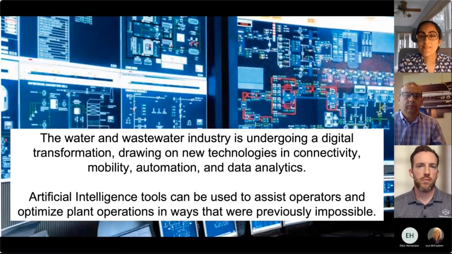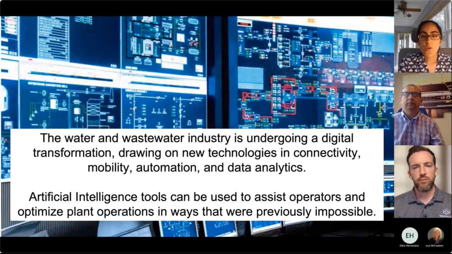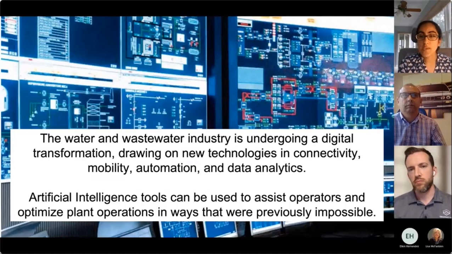We're also finding that a lot of facilities are needing to expand their capacity or meet more stringent discharge standards. So, incorporating these tools into the plant operations so that we can really be smart about where we're putting and deploying our resources.